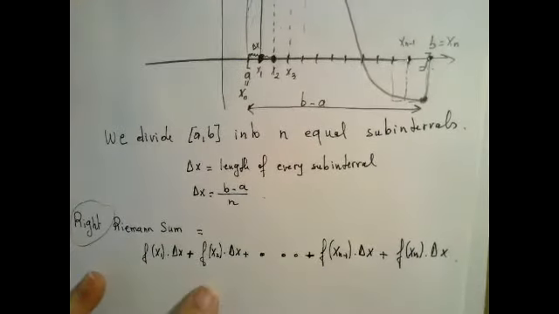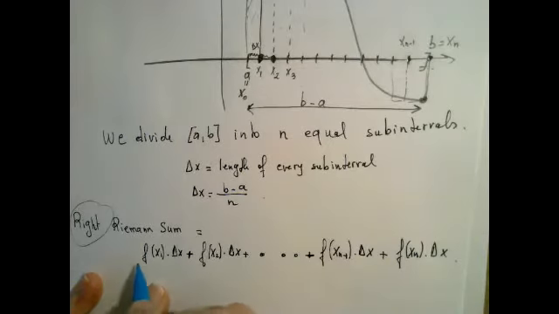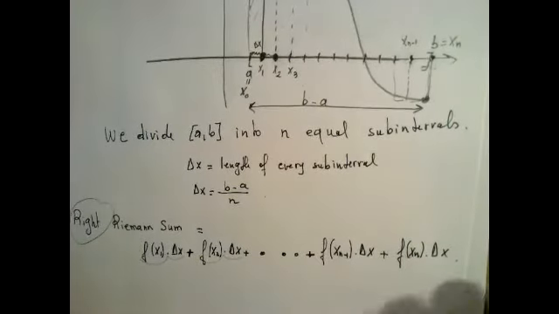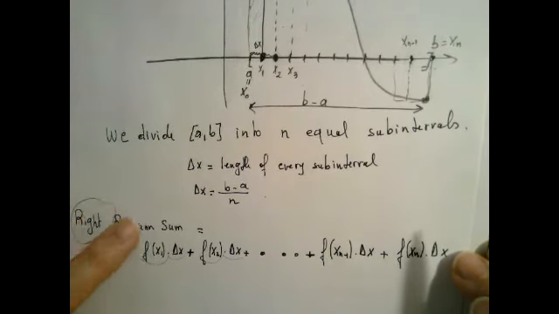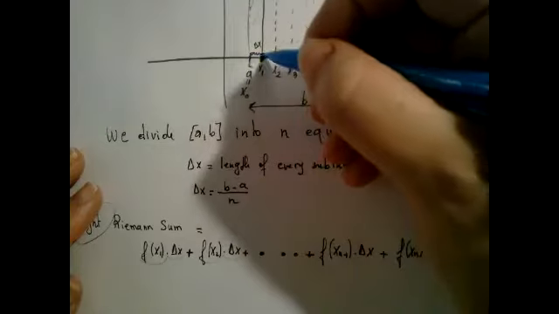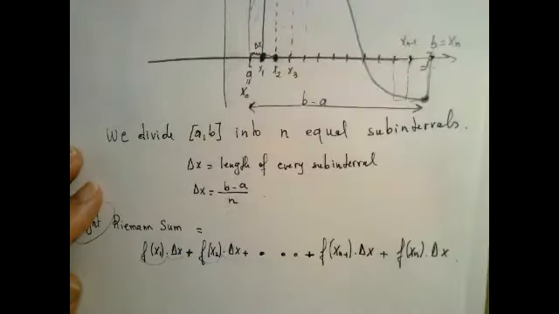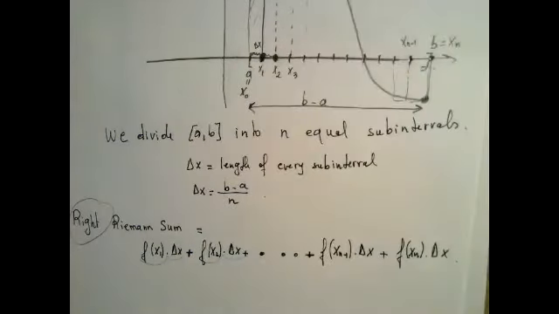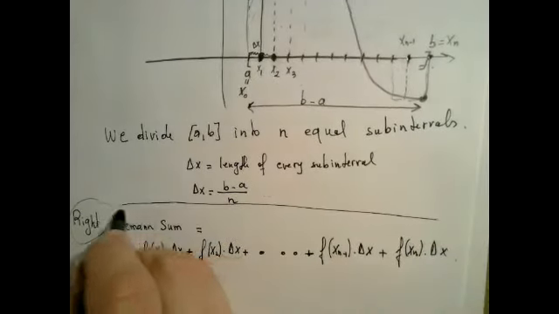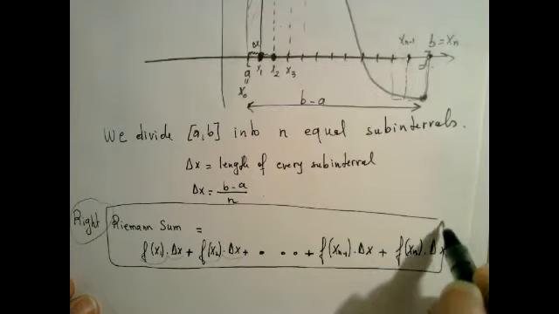This sum that you see, which is the value of the function at a point times delta x, and so on and so forth, is called a Riemann sum. And we call it right because on every subinterval, I use the value of the function at the right endpoint of the subinterval to compute. There is something called the left, where we use the left endpoint. Okay, so crucial sum. When we talk about Riemann sum, that's really what we are talking about.